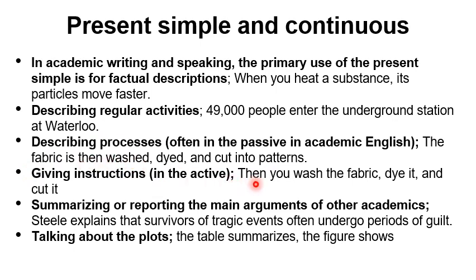Then you are the instructor and you need to give the instruction for others. So you need to say, then you wash the fabric, dye it, and then cut it. Wash it, dye it, cut it. So to give an instruction, you need to use the present simple.